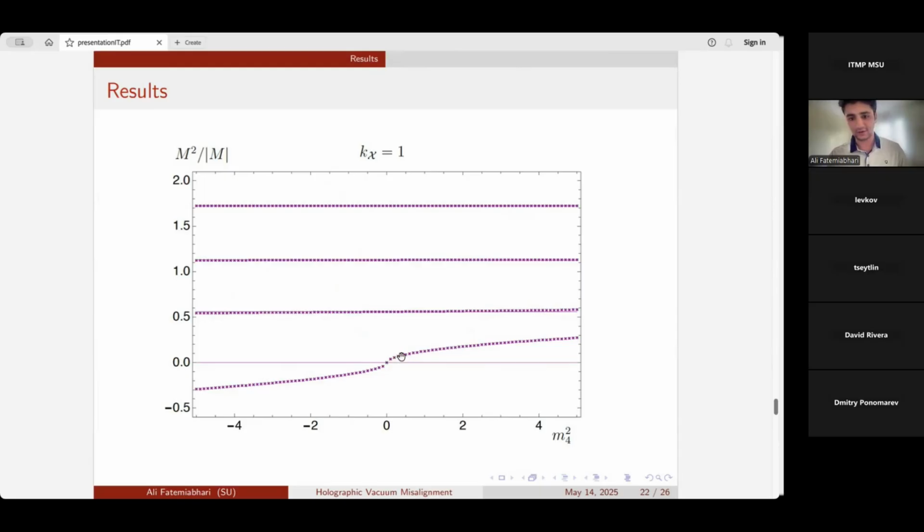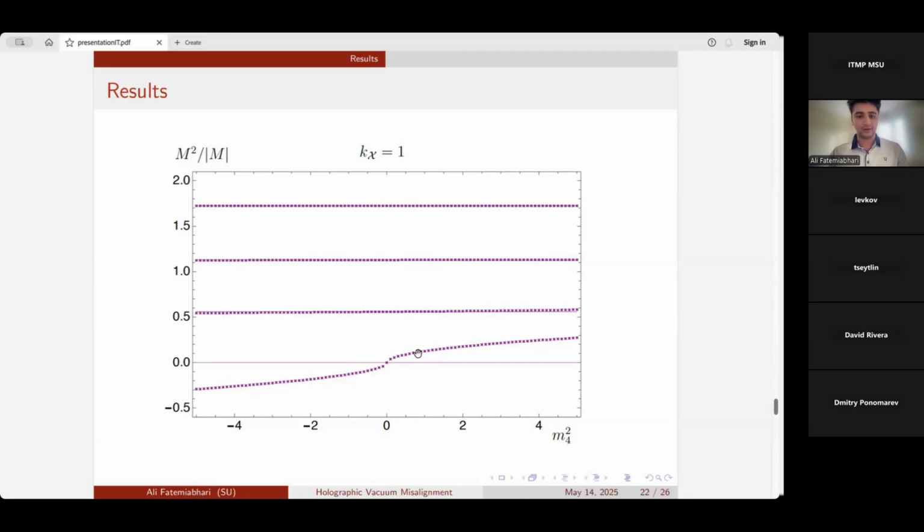And there is one scalar in the cross purple form. When we dial the mass M4, we can give some mass to the field, and there is a gap between the first state and the higher excited states. And this is gradually what we want to achieve.